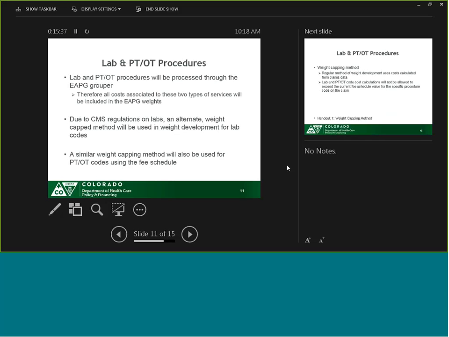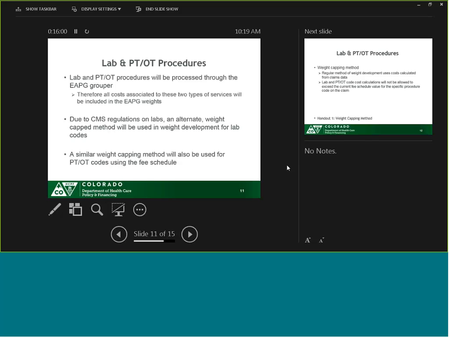But where it gets a little bit nuanced with the weight development is, first off, with the labs, there are CMS regulations that limit the amount of money that any state Medicaid agency can pay on a single lab procedure code. And so we have to take that into account, and we use a weight capping process in order to accomplish that through weight development.